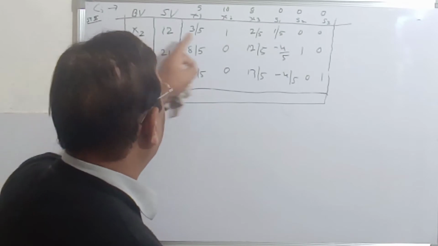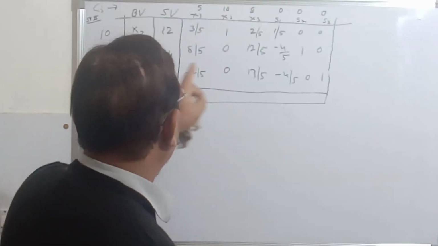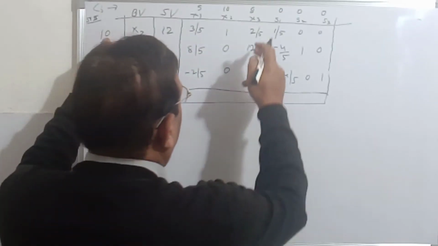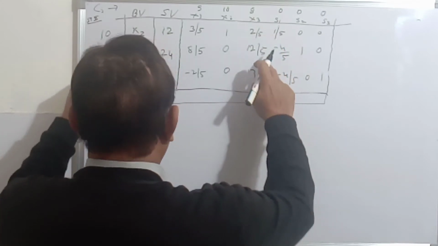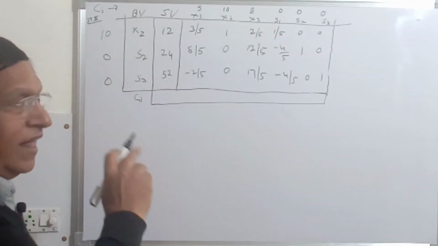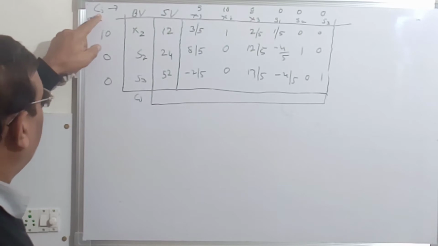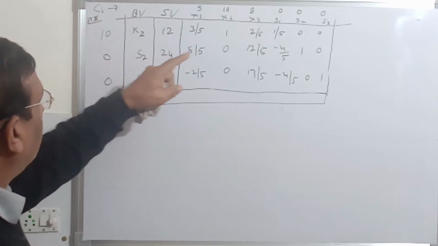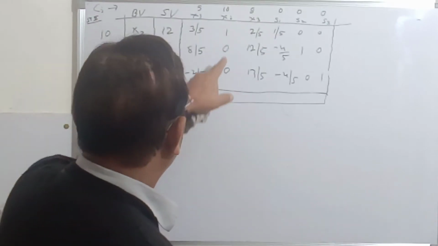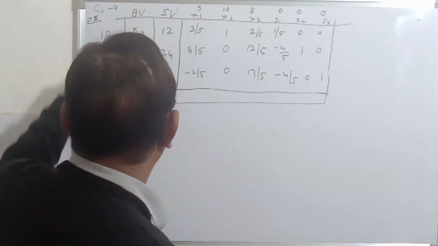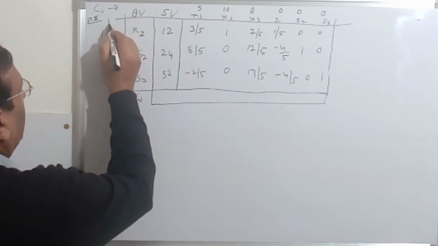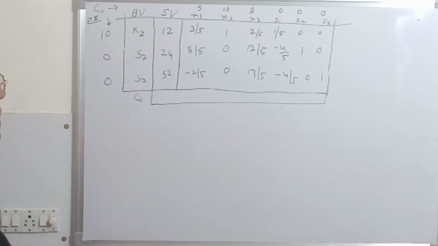Similarly, this into this plus this into this plus this into this. Same way for the others. Multiply the Cj coefficients with the coefficients of the variables.